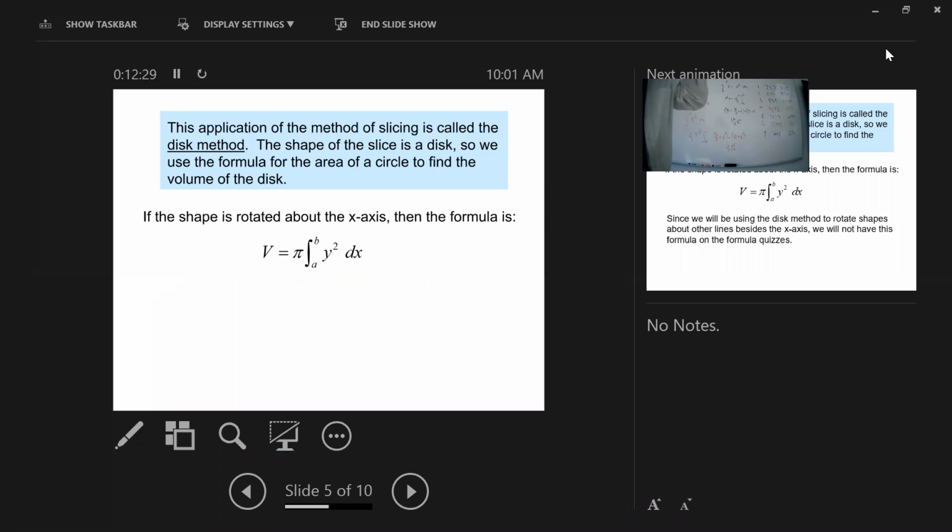Now, I think this is confusing, so I really wouldn't even write this down. When I give you this paper, which will be the beginning of next week, I will summarize this for you. But this is saying the volume equals pi r squared, and the radius would be the y value, dx.